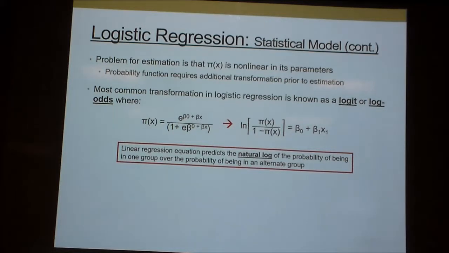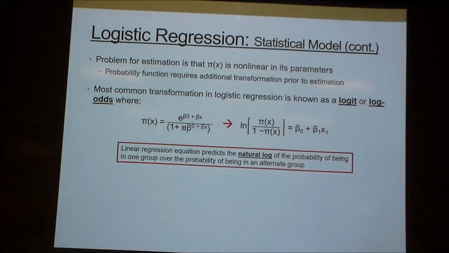So with our logistic models, we're not predicting our probability outcome. That's what we wanted, but we can't get there. But we can take that 0-1 outcome and translate it into the natural log of an odds ratio, so the odds of an event versus the odds of a non-event.